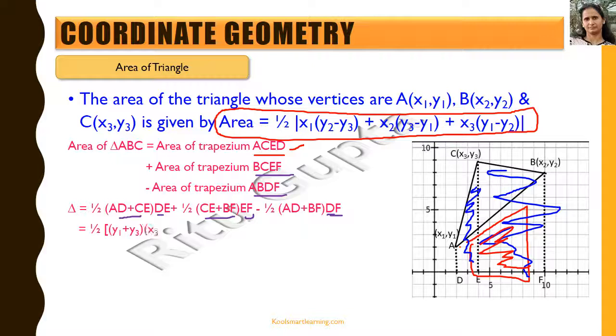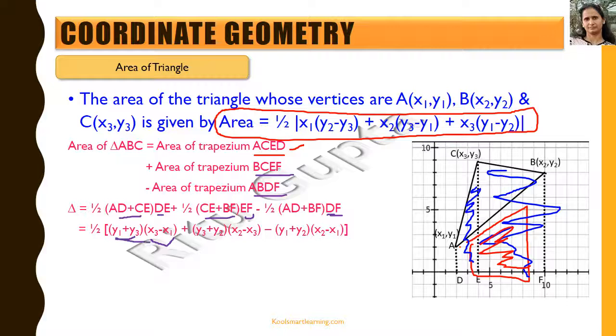Now we know AD is nothing but y1, CE is nothing but y3. So we take half common from the three and we say y1 plus y3 into DE, which is x3 minus x1.